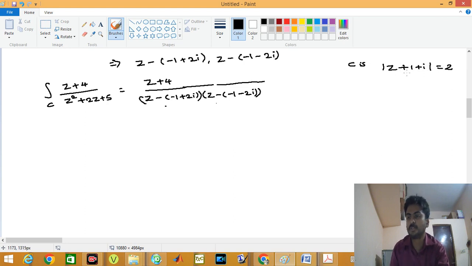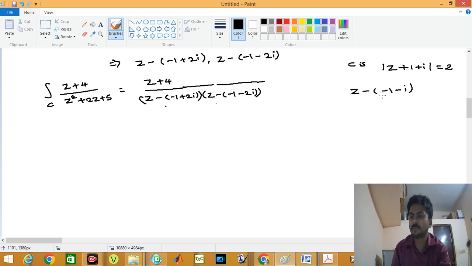You have to know there are many ways of finding the circle properly. One is we can change it as z minus c, that is z minus (minus 1 minus i).